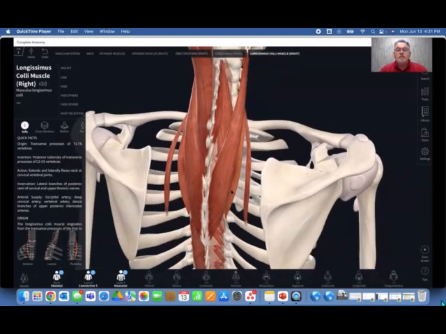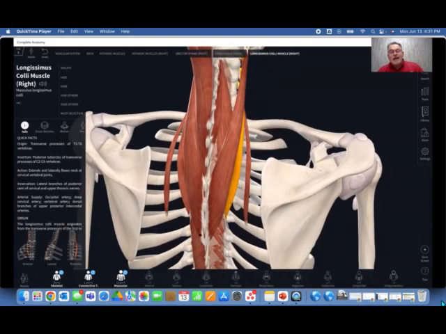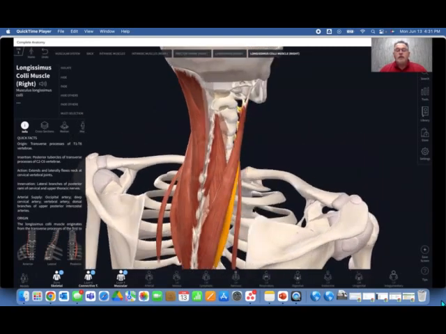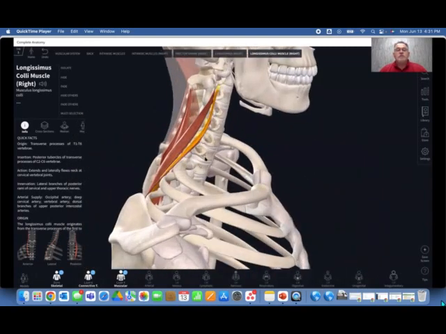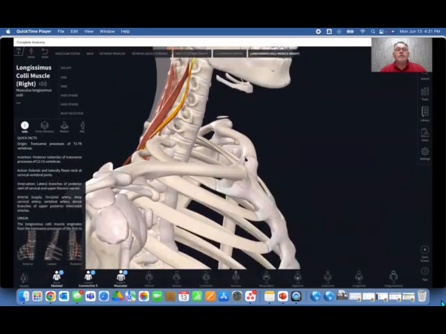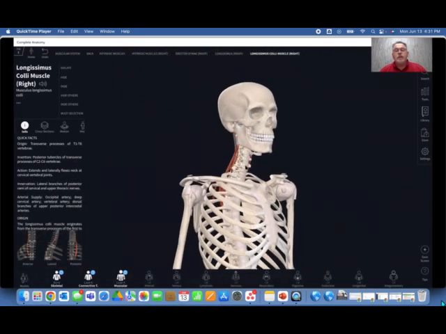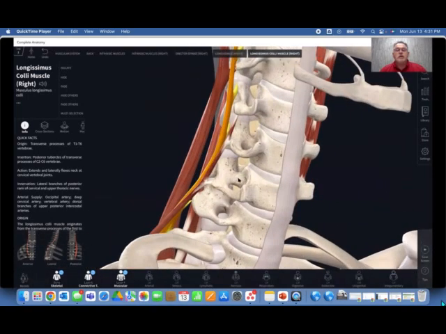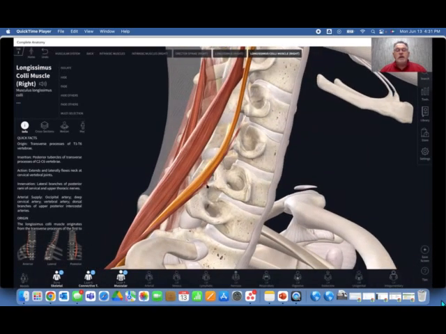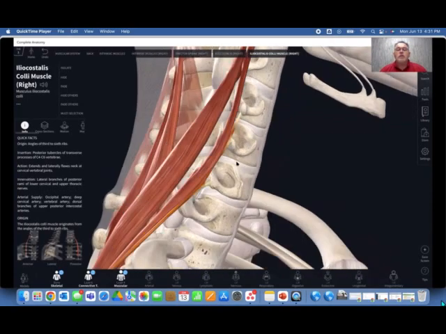So we've got some distal thoracic origin for these muscles, but the interesting part is where they attach, or where they insert. So as I move here, I want to take a really close look. As you can see, they attach to the articular pillar.